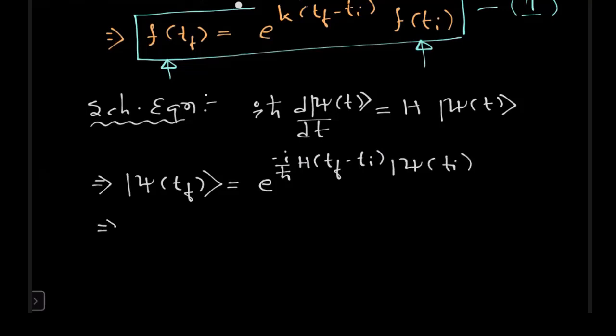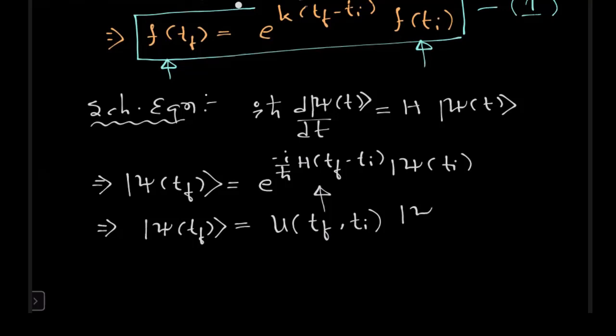More precisely, in a very short manner, I can say that the state at final time t_f can be calculated by using this time evolution operator U(t_f, t_i), which is equal to this exponential term. The exponential term in short is represented like this, and this is the initial state.